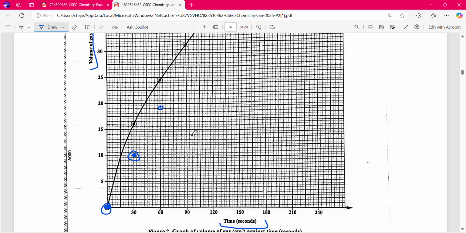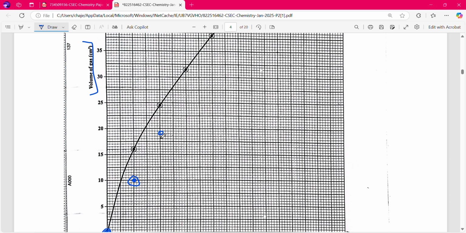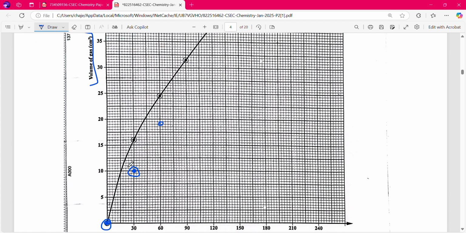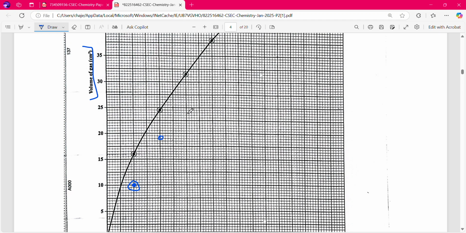Alright, so I have my 18.5. What's the next one? 90 to 25.5. Okay.